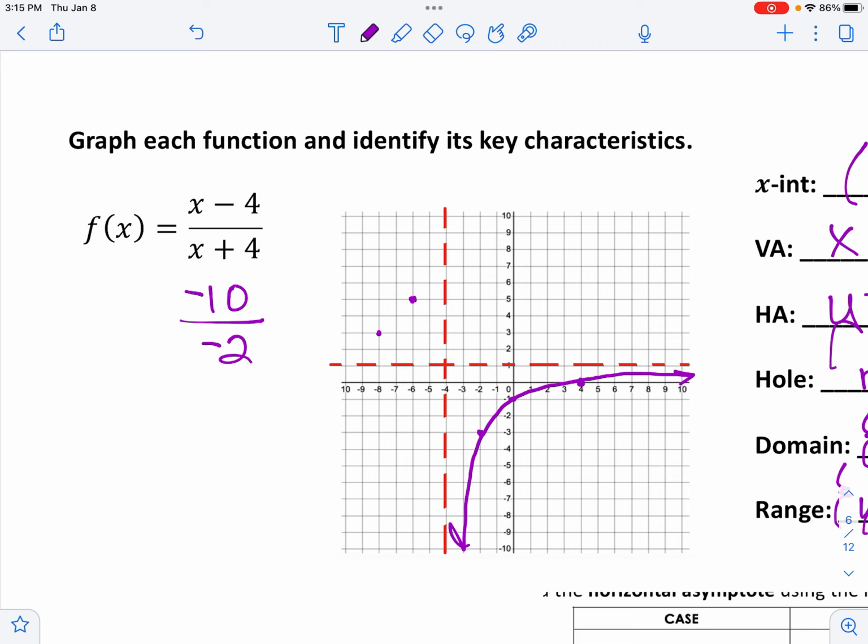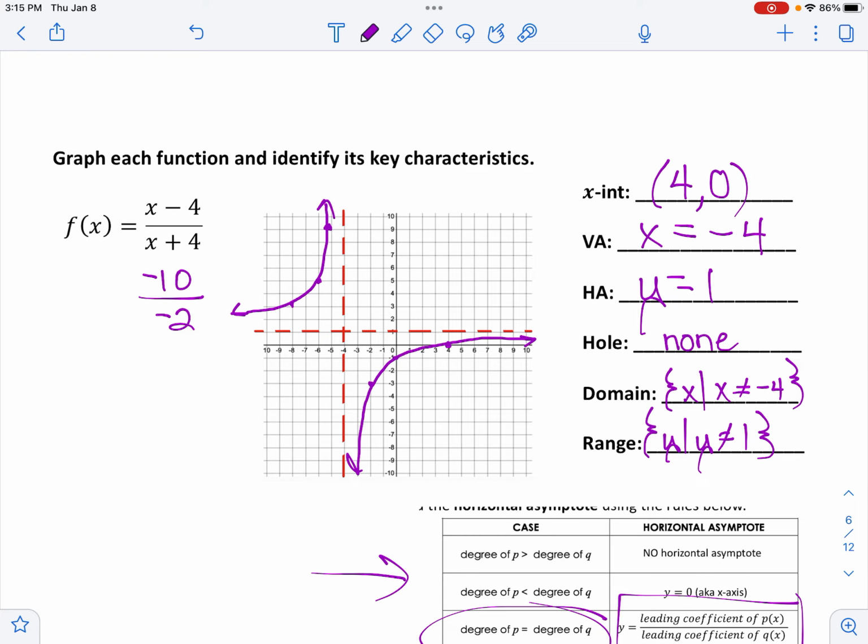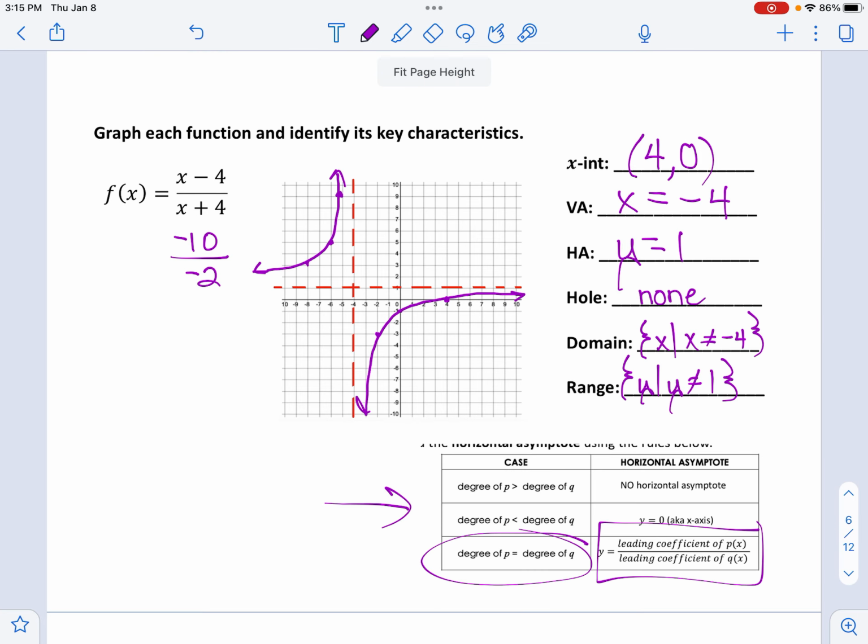If I just plug in some other ones, you kind of see you get this pattern here. Just try to find 1 or 2 points and then draw a branch so it's about in the right spot. I like to have a little bit more than 1 point. There is my hyperbola, and hopefully that makes some sense.